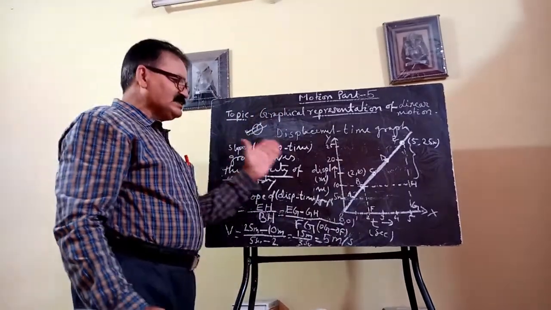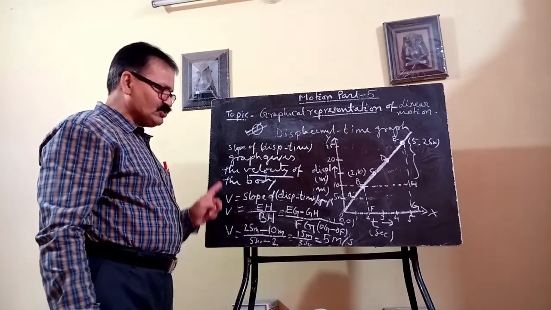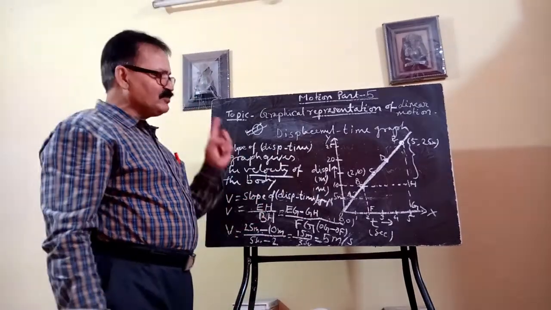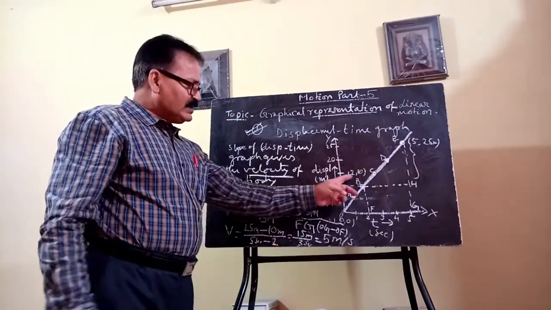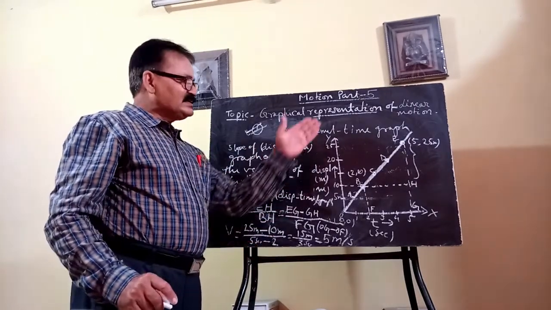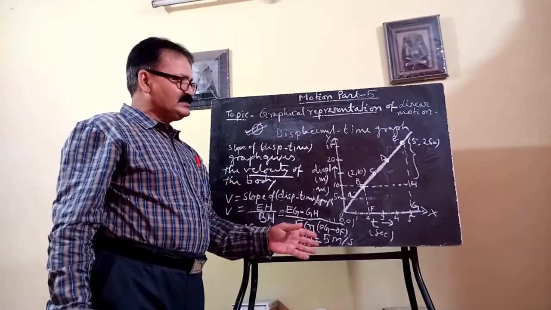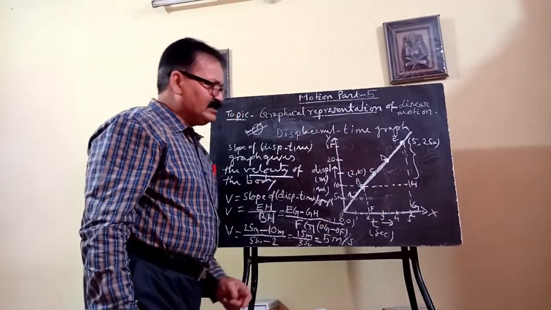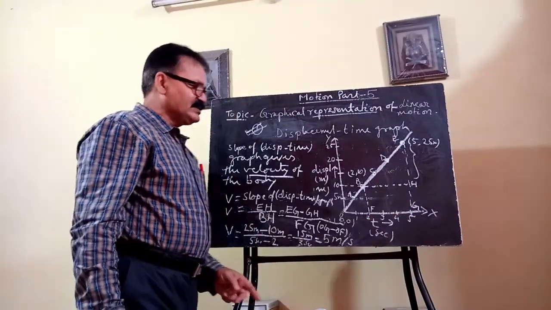So from this displacement time graph, for finding the slope you have considered 2 points, that is B and E, and the difference of their ordinates, that is the difference of their vertical column along the y-axis, that is your EH, which can be determined by EG minus GH.